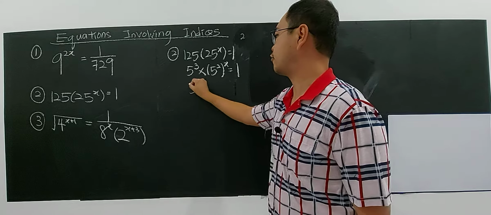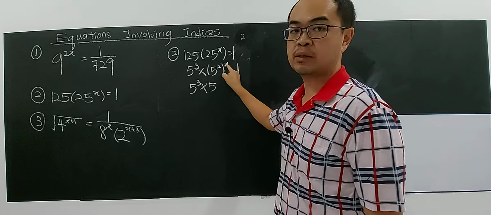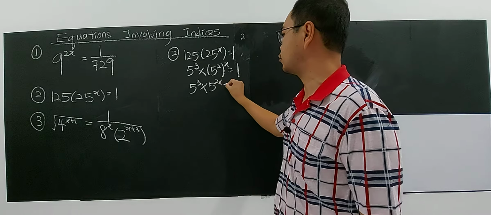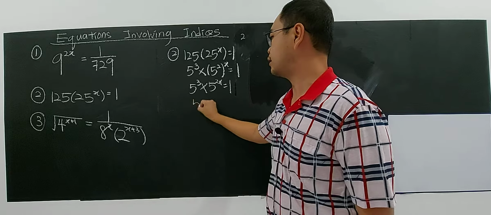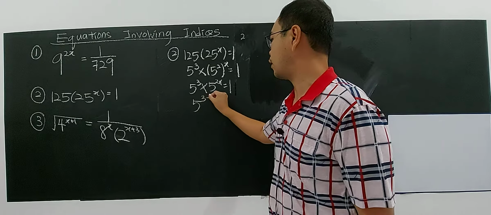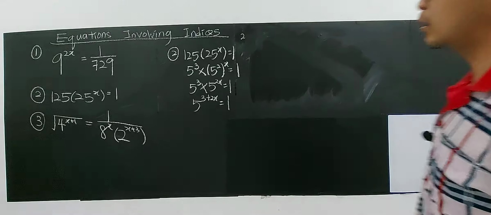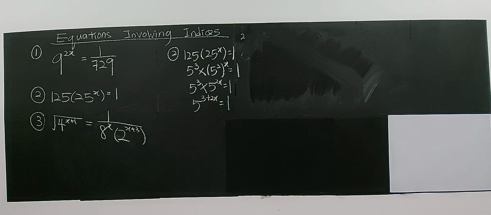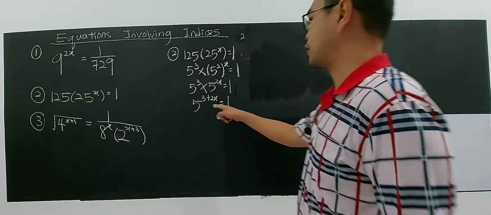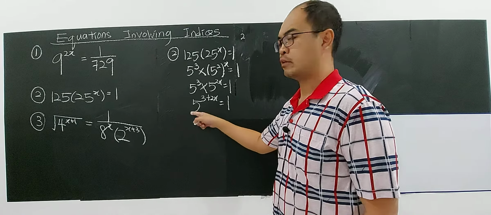So you have 5 to the power of 3 multiplied with 5 to the power of 2x. Because they have the same base, you can add the indices, which gives you 3 plus 2x equals to 1. How about 1? Does 1 have the same base as 5?